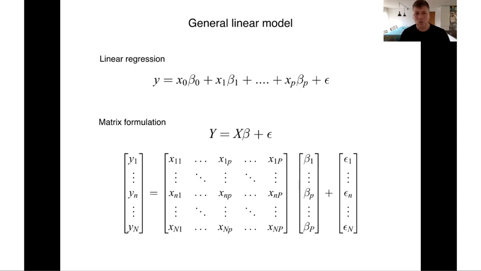And we can formulate this in terms of matrix algebra, where again we simply stack or combine all the regressors into a matrix, and we can estimate the beta parameters at once using linear algebra.